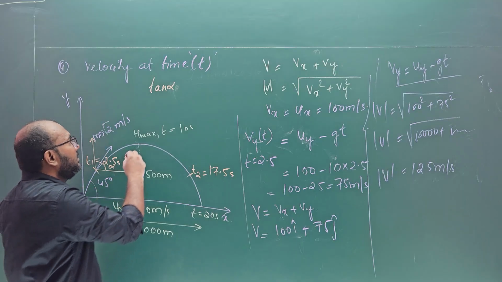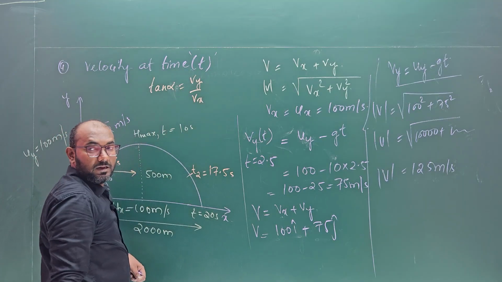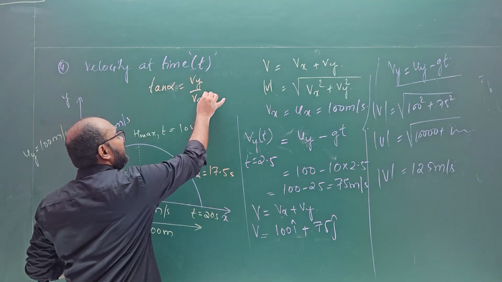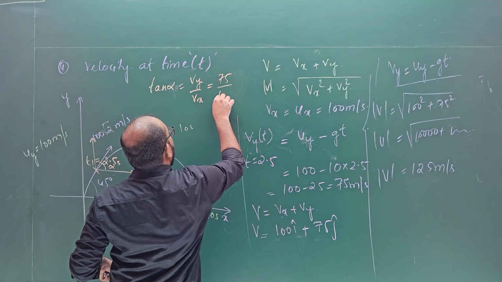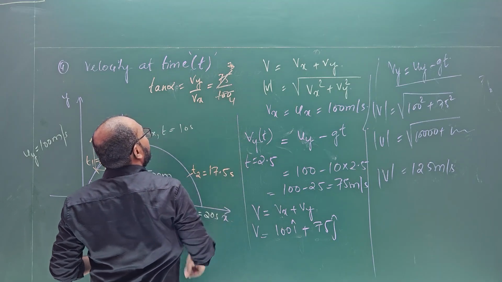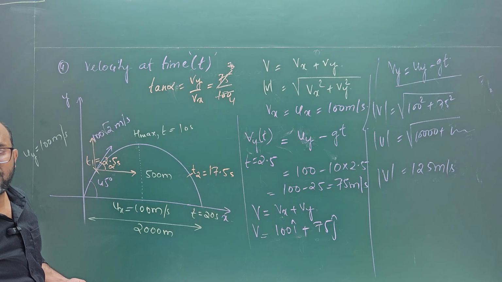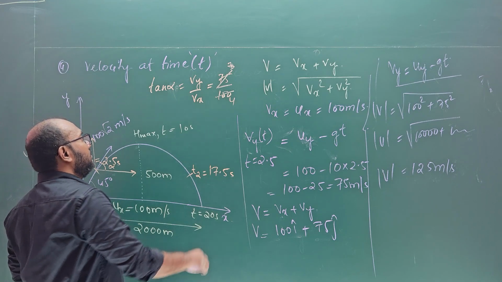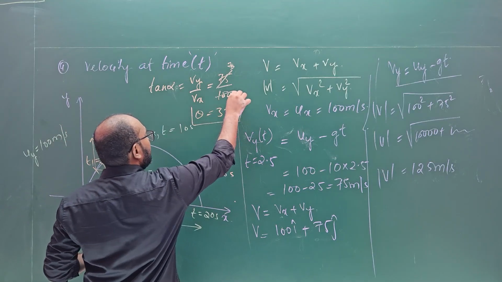So tan alpha is equal to Vy upon Vx. Yes or no? So what is our Vy? That is 75 upon 100, that is 3 by 4. Tan of what gives 3 by 4? Tan 3 by 4 is 37. So theta is equal to 37 degrees.